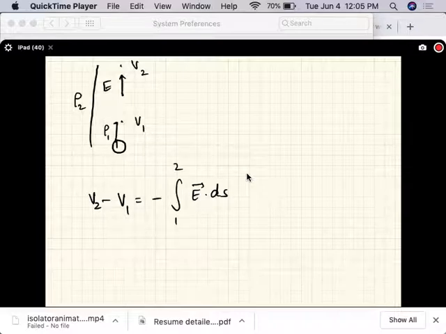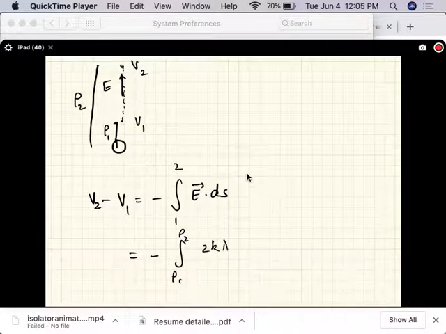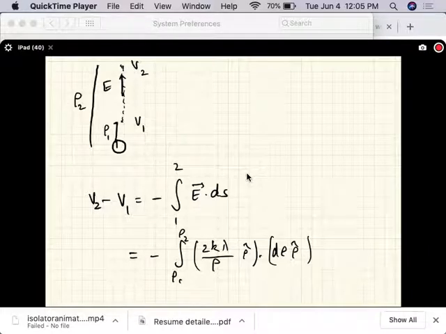We are going to take the line integral along this path, from here to there, radially outwards. So negative integral from rho 1 to rho 2 of the electric field, which is 2k lambda divided by rho, rho hat, dot d rho rho hat. Here's the electric field, this is ds.